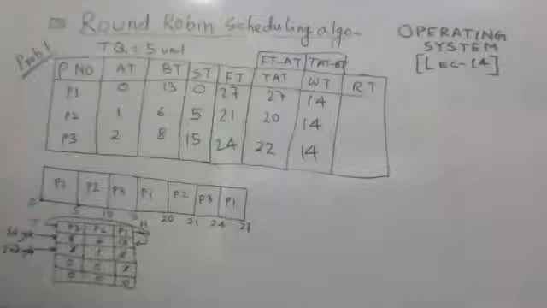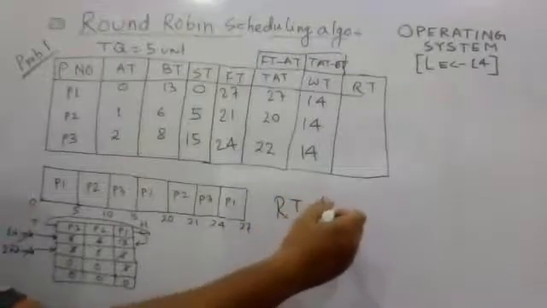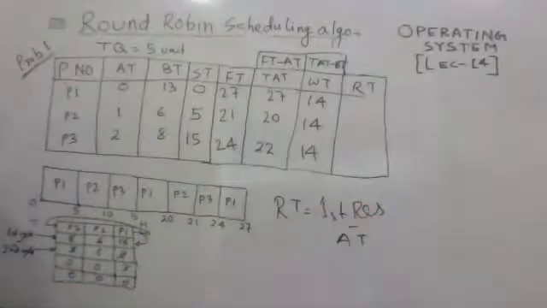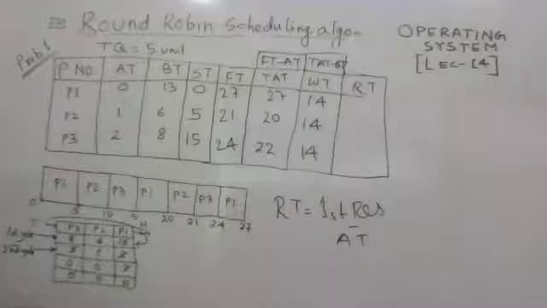Okay, and now calculate the response time. Response time is equal to first response minus arrival time. In this particular case, the first response for P1 is 0. There are 3 responses for P1, at 0, at 15, at 24. So the first response is actually at 0.